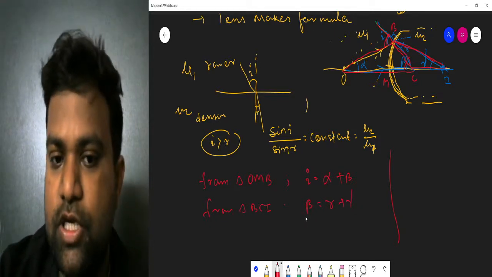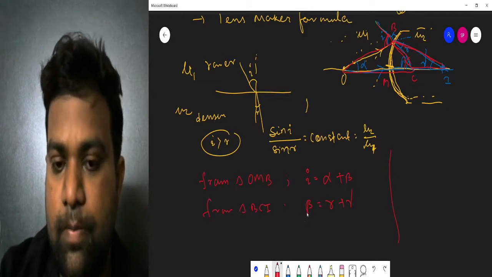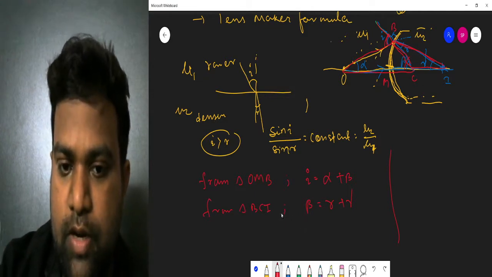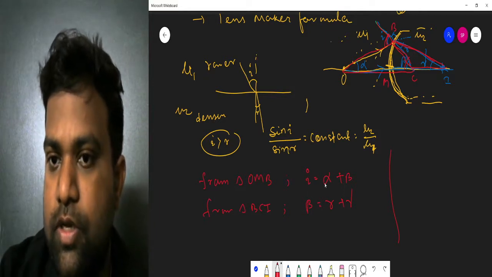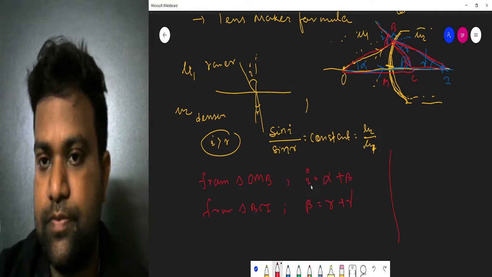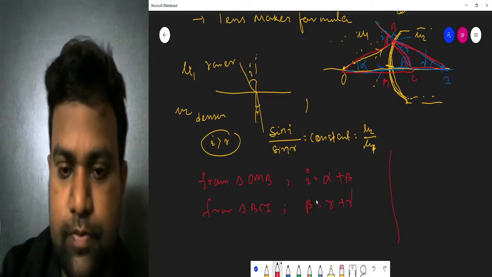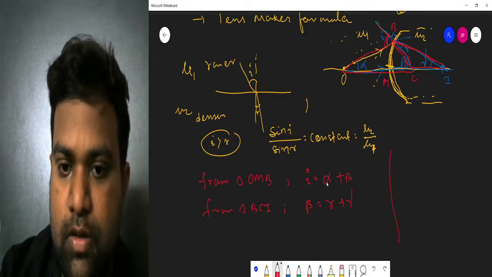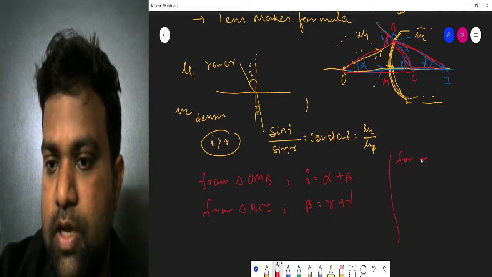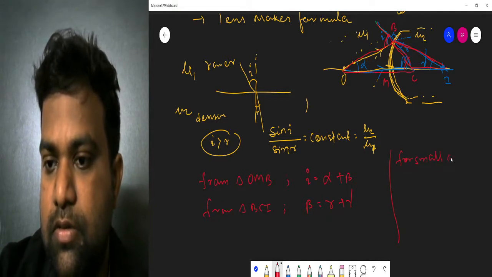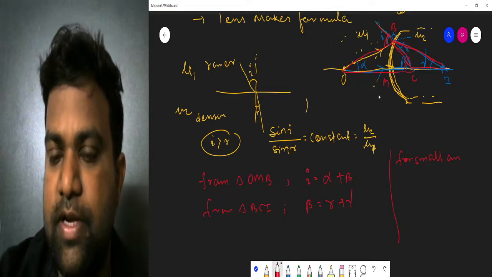So these two conditions now you know, and one more condition we will use, that for small angles, let's say alpha, beta and gamma are small.